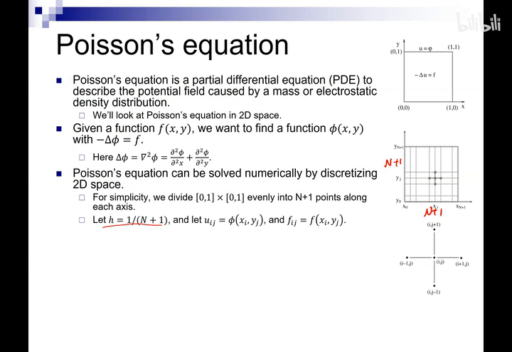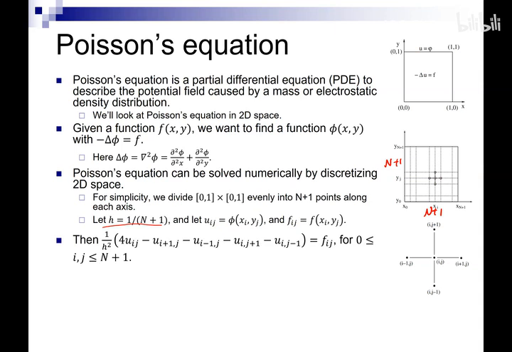At each position ij in this grid, we let u of ij be the value of phi at that position, and we let f of ij be the value of f at that position.